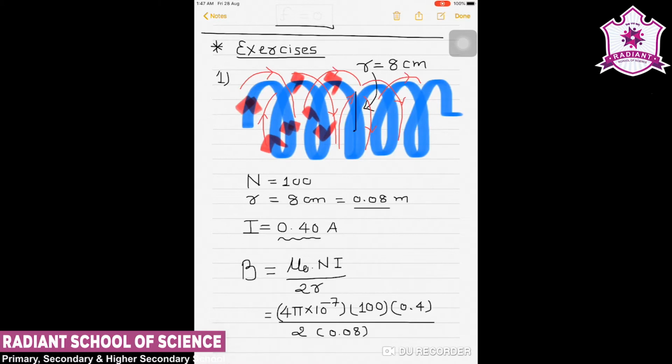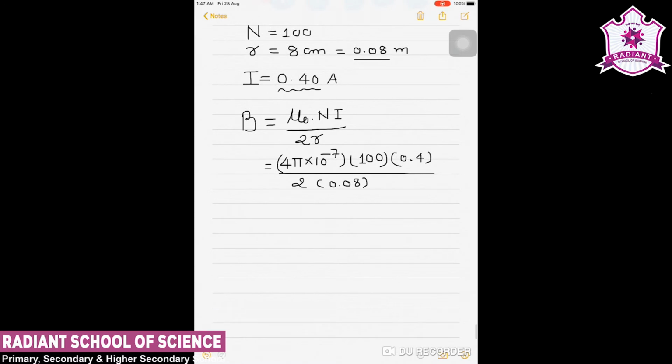When we put the values, we get pi into 10 raised to minus 4.